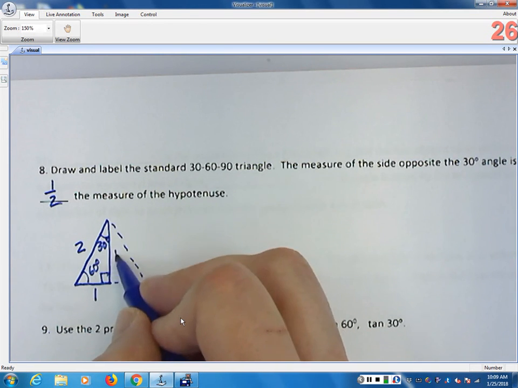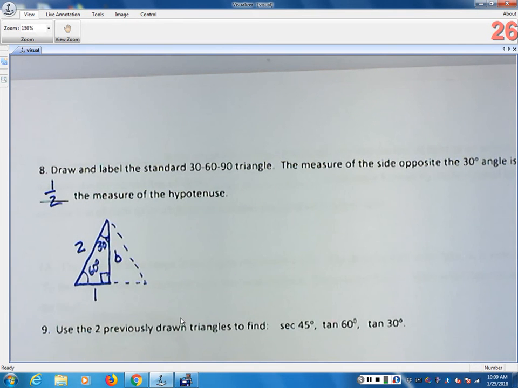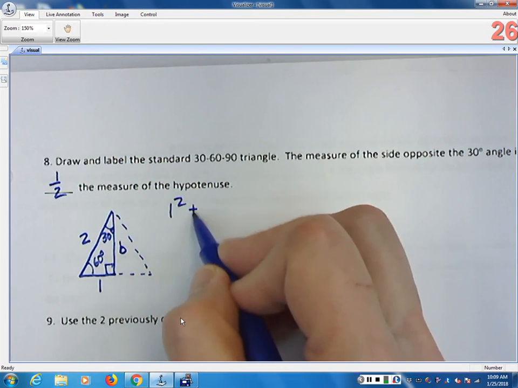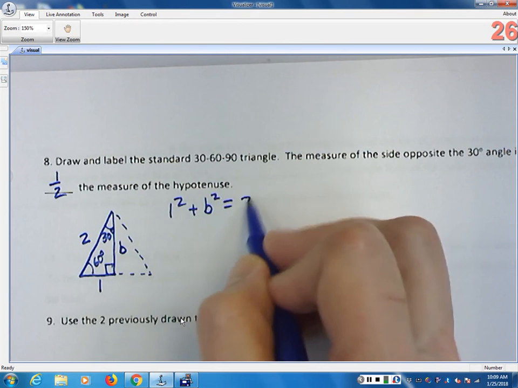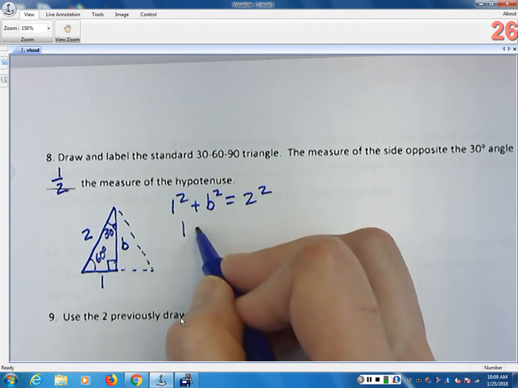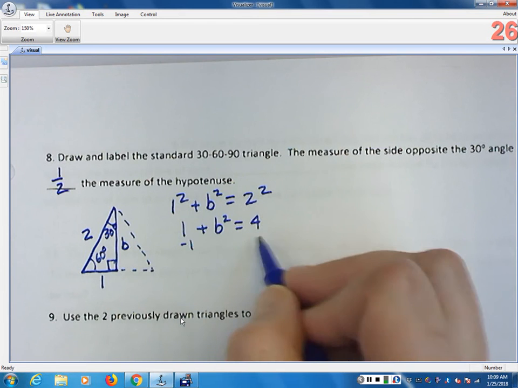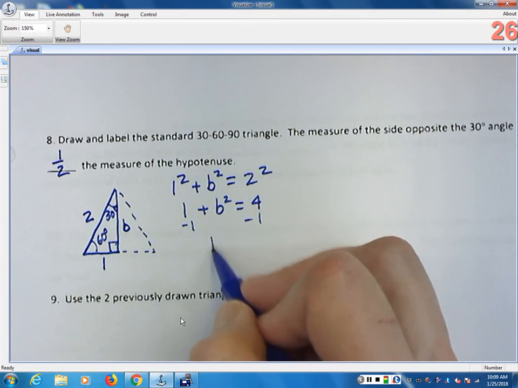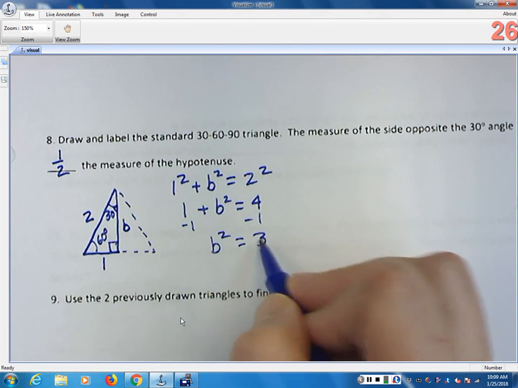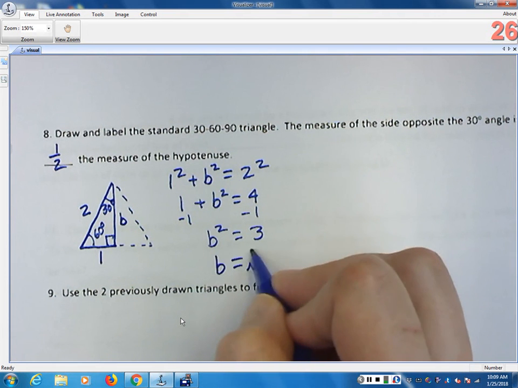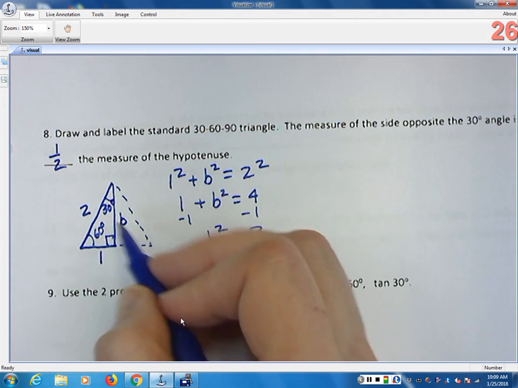call it B. So using the Pythagorean theorem, 1 squared plus B squared equals 2 squared. 1 plus B squared equals 4. Subtract your 1. B squared is 3. And so B is the square root of 3.